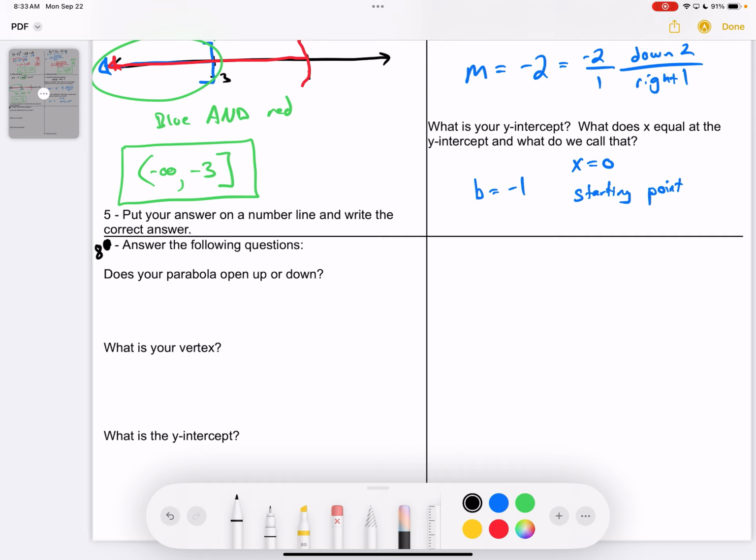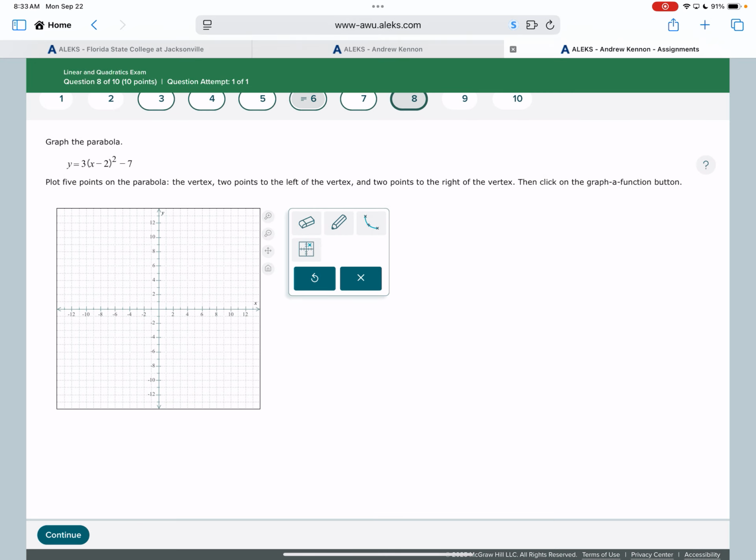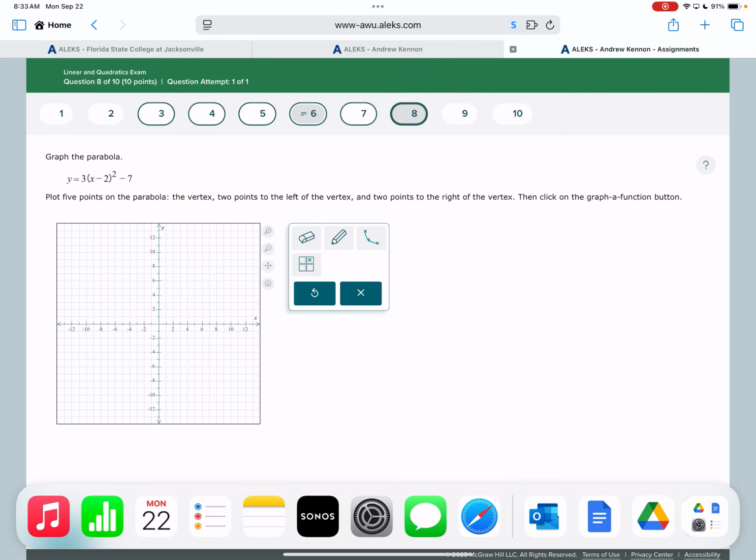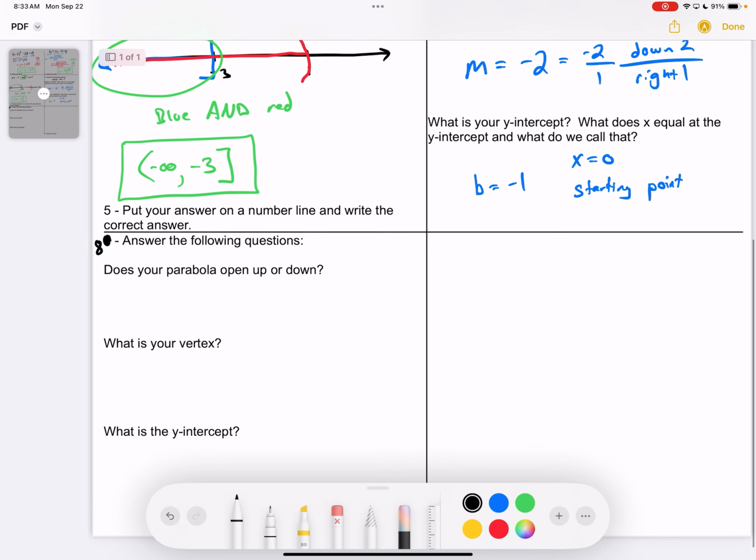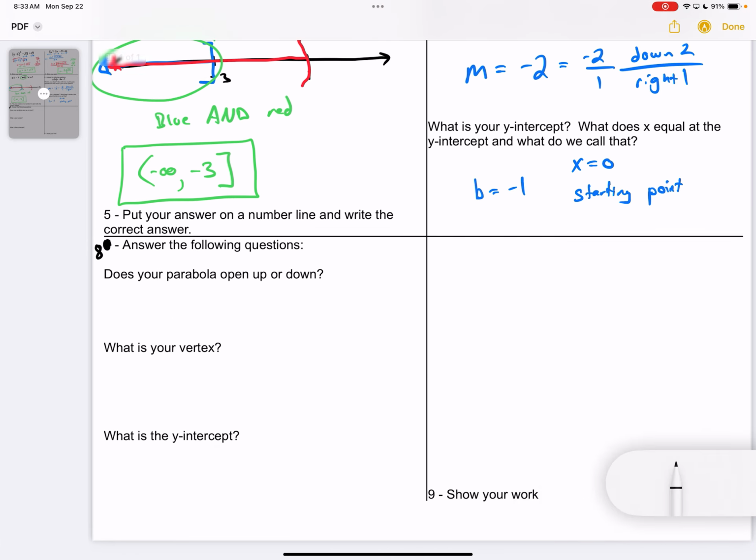Because you answer those questions on number 7 anyways, so I don't want you to just have to write down the stuff that you already answered in Alex. My bad. So 3x minus 2 minus 7.